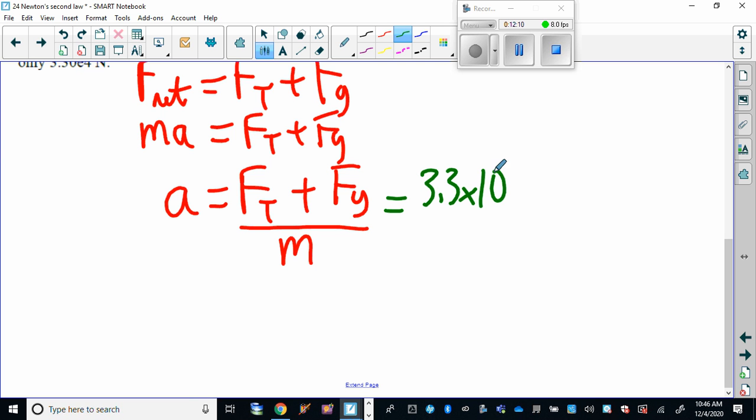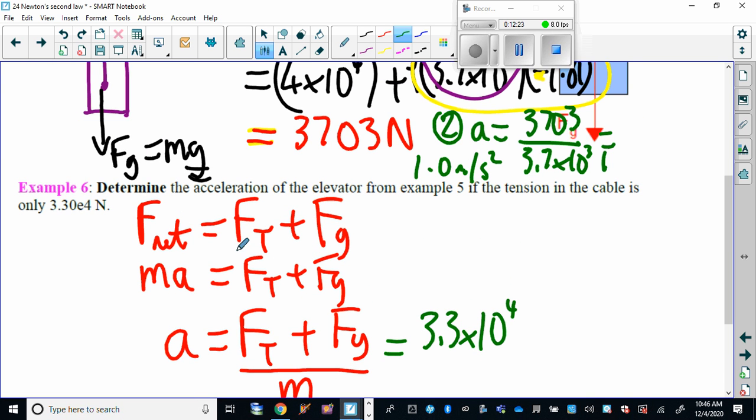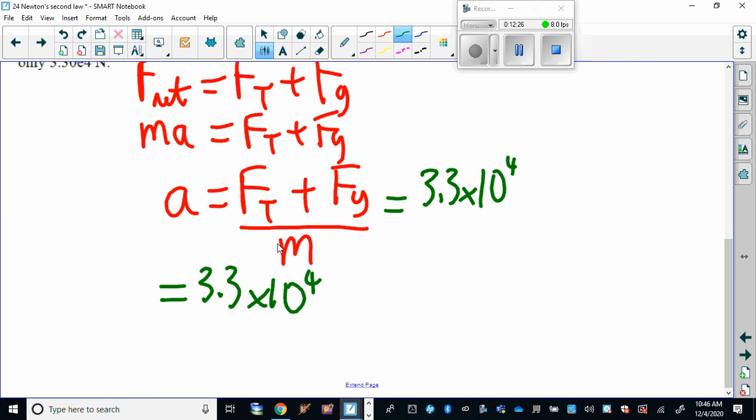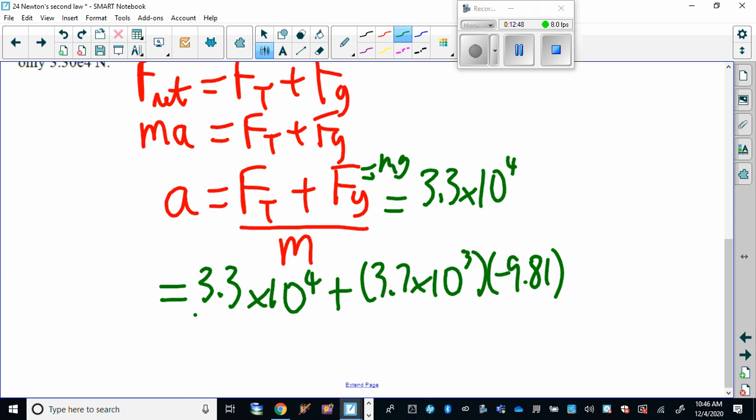3.3 times 10 to the 4, plus Fg equals mg, and the mass 3.7 times 10 to the 3, times negative 9.81, and then divided by the mass 3.7 times 10 to the 3.